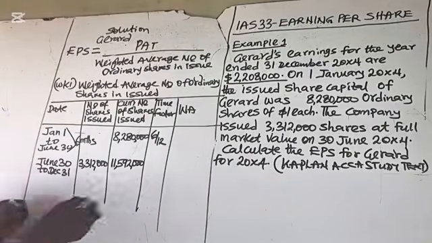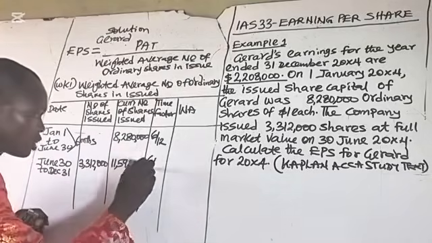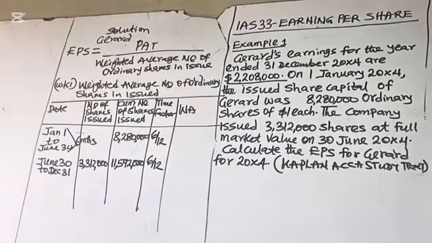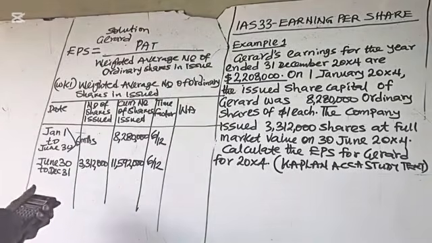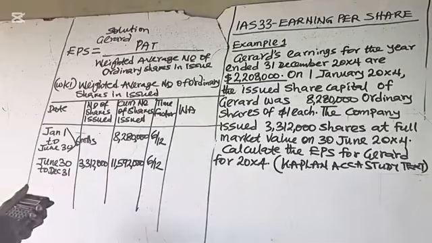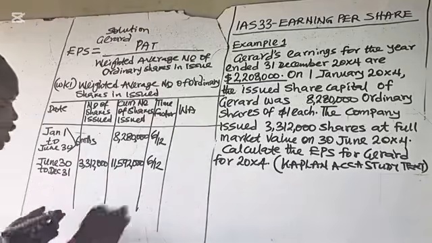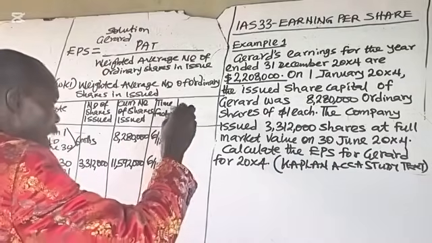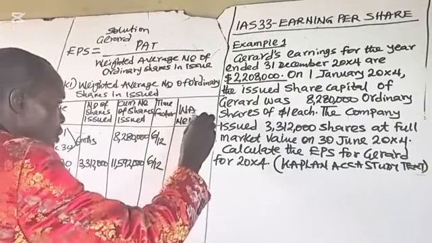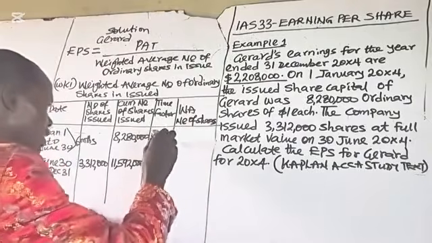That is another 6 months, 6 out of 12. Now, let's apply that time factor on the shares. 8,280,000 times 6/12 gives us 4,140,000 shares. This is the weighted average number of shares, 4,140,000 shares.